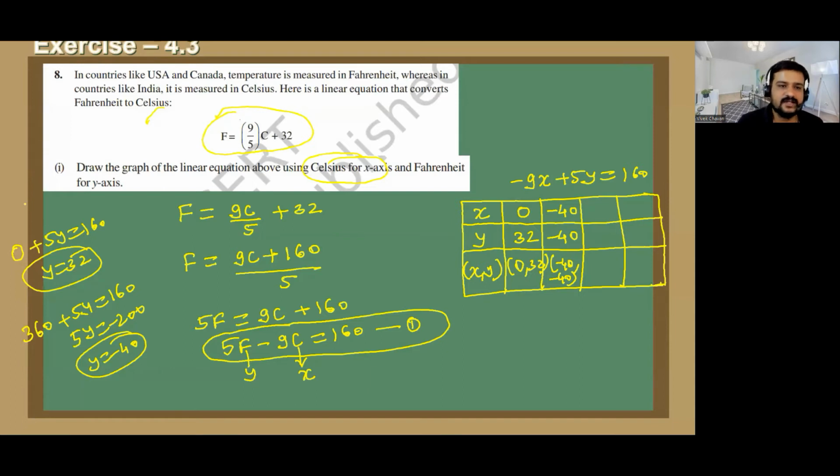Let's verify it. So x is equal to 32. So 32 nines is how much? 18, 27, 28, 288. Okay, so this will become minus 288 plus 5y is equal to 160.